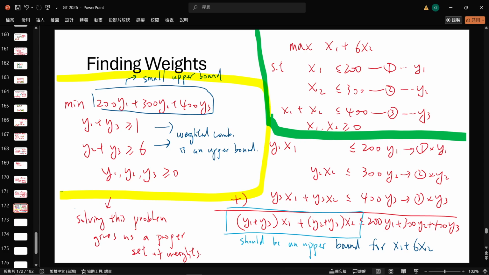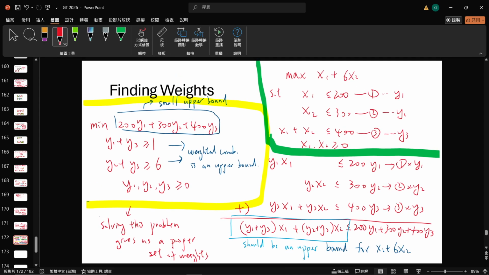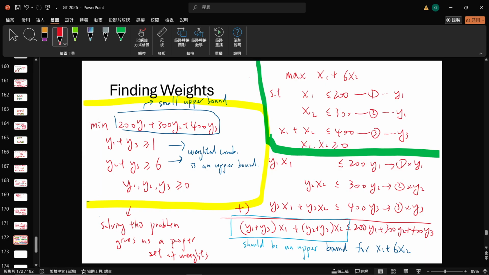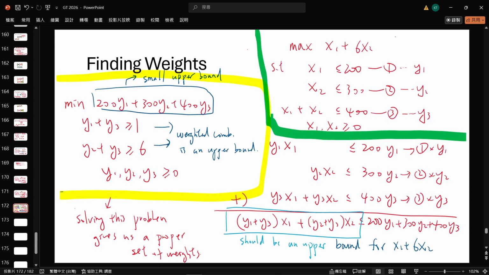For this kind of transformation, the original problem is the primal problem, and the new problem is called the dual problem.